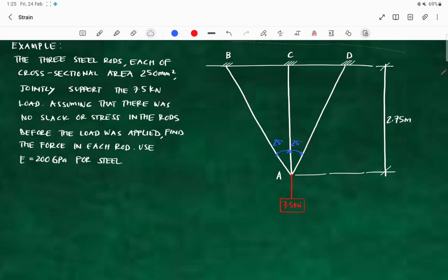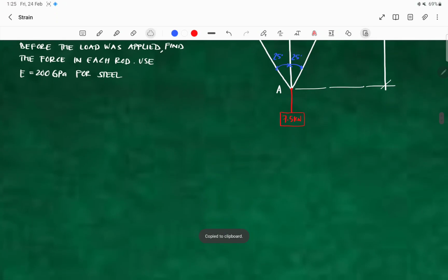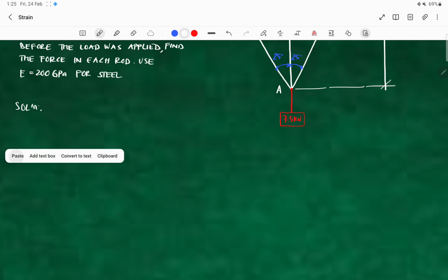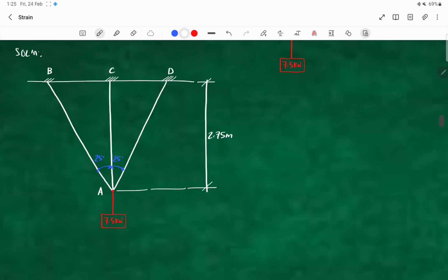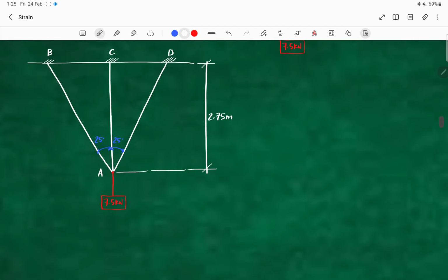So, bali, kunin ko lang to. So, solve natin yan. So, first is gawa tayo ng equilibrium equation, no? So, makikita natin dito, if isolate natin yung joint A, so may mga forces tayo dito, no?